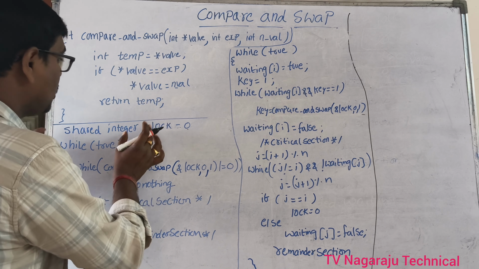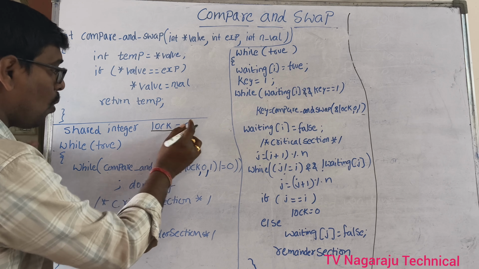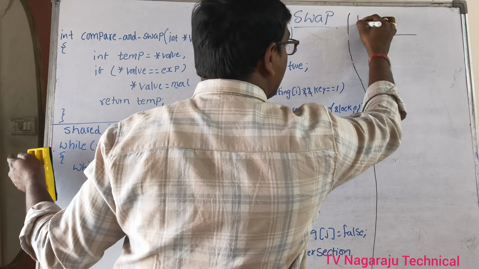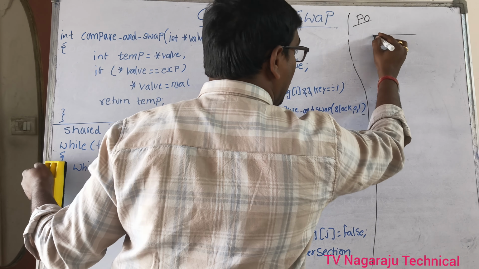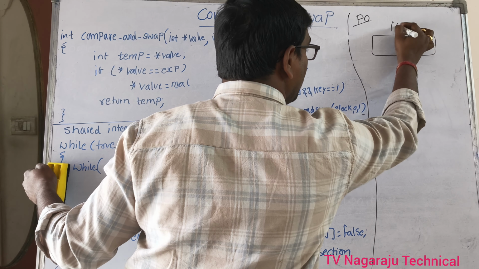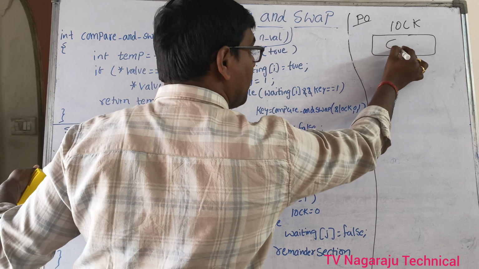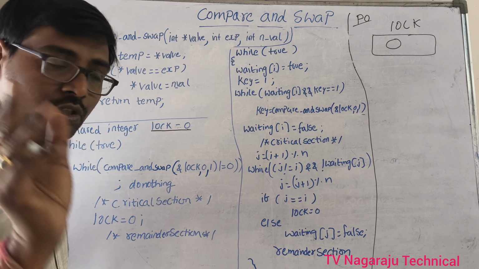Here, initially, I am using one shared variable, lock. For understanding, first process P0, I am using one shared memory location, lock. What is the value of lock? The value of lock is equal to 0.